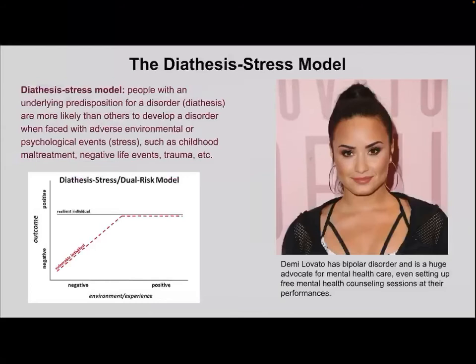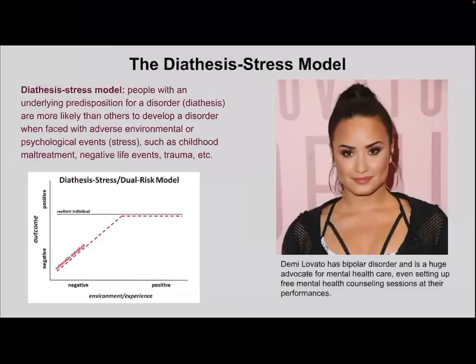So, for example, someone who is a child star, like Demi Lovato, may have been born with a predisposition to have bipolar disorder, and then because they were a child star, they experienced the stress in their childhood and in their lifetime, and therefore the bipolar disorder came out.